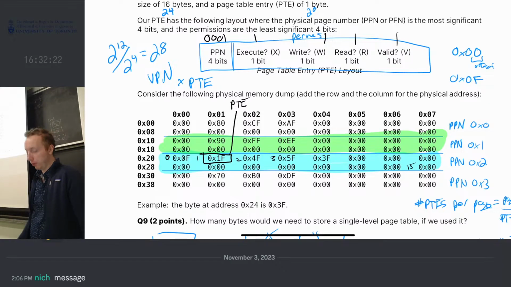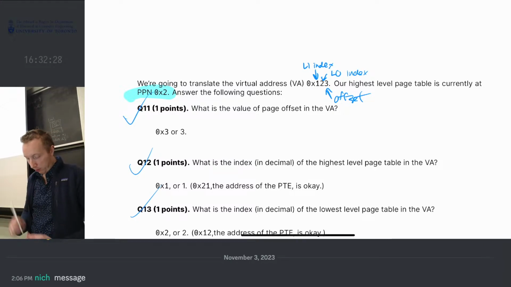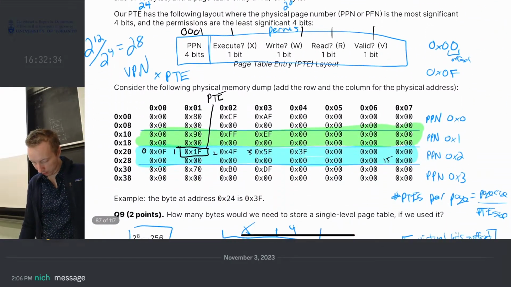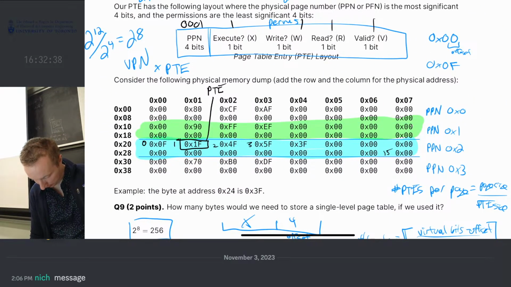So in our L0 page table, what index should we look at? Well, we're translating virtual address 1, 2, 3, so our L0 index is 2. If we look at page 1, this is at index 0, this is at index 1, this is at index 2, so it should be this byte, right?